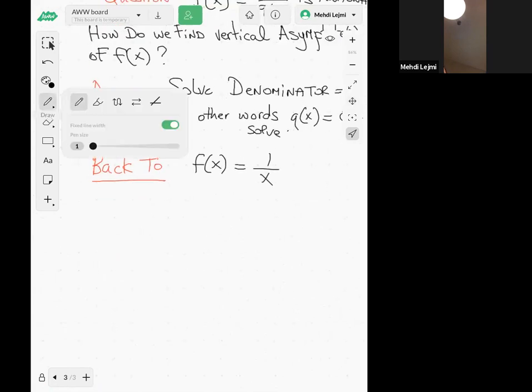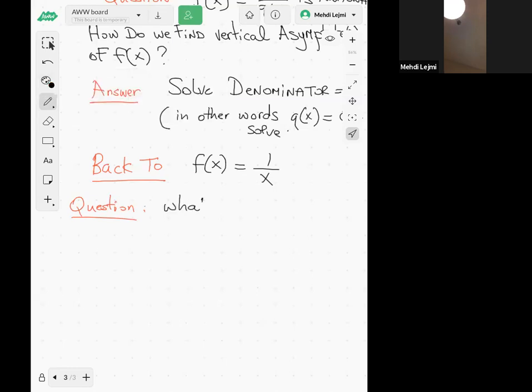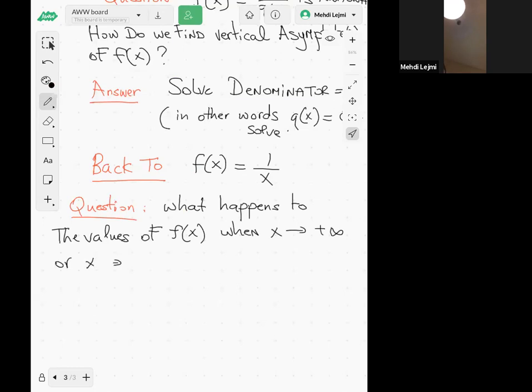All right, so the question now is, what happens to the values of f when x approaches positive infinity, or x approaches negative infinity?